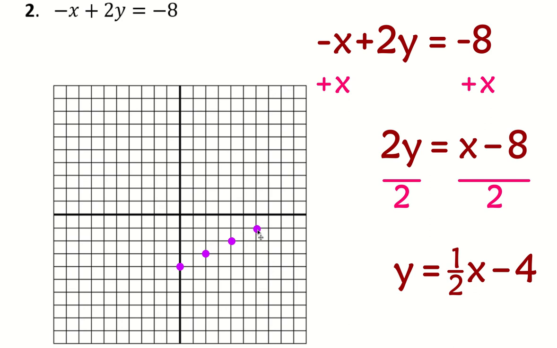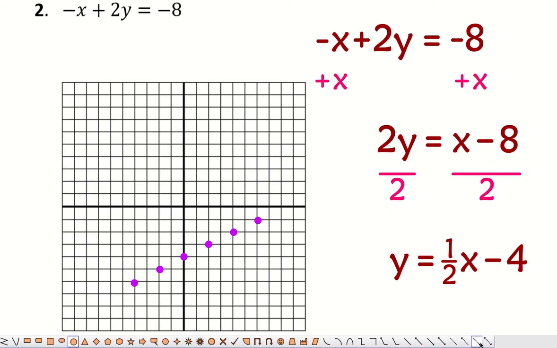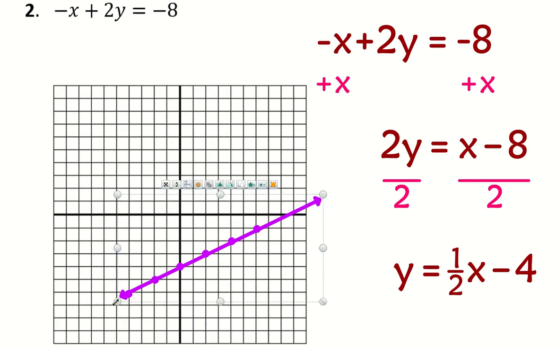And, you know, the more points you plot, the nicer looking your line is going to be, right? And then you just connect the dots, and again, 2 points will technically do the job.